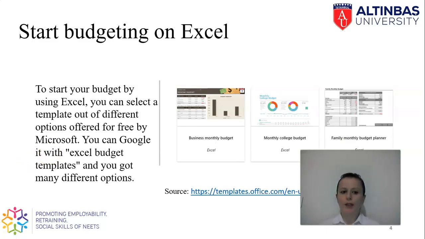First of all, to start budgeting on Excel, you can select a template if you want to. The Excel application offers many different items. I want to show you some of them in here.